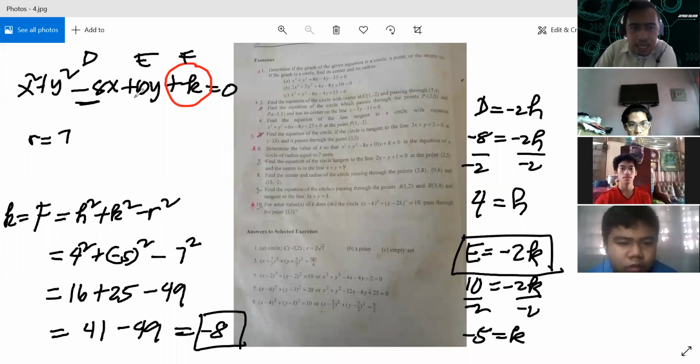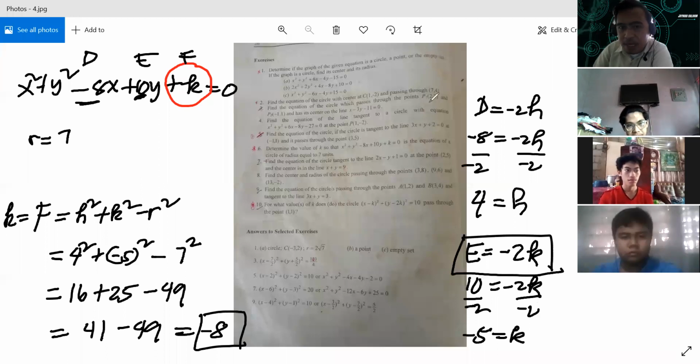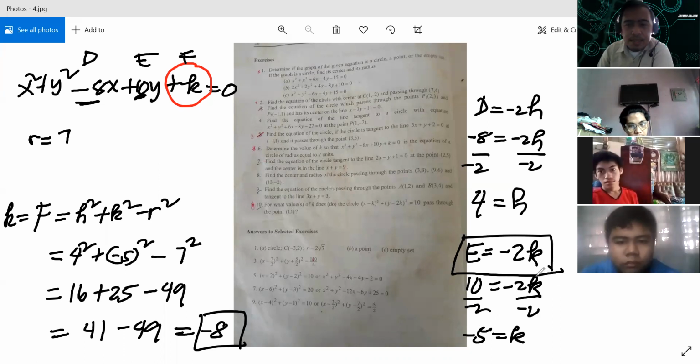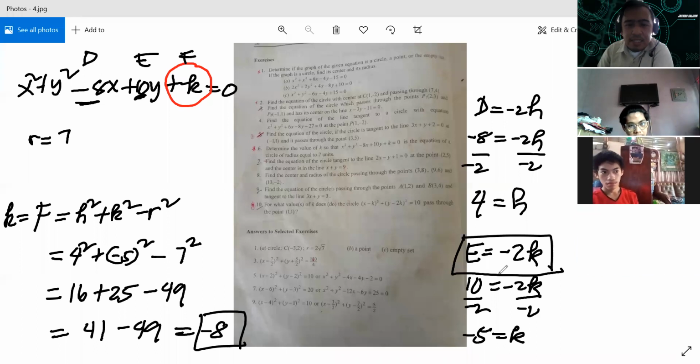Your E is 10, so you replace it by 10. So you divide both sides by negative 2 and you can solve for K. If you divide both sides by negative 2, it will be negative 5. Clear? Okay, sir, thank you. Okay, does everyone understand?